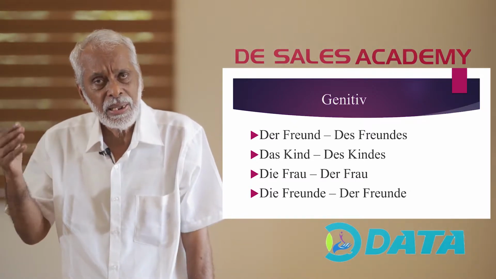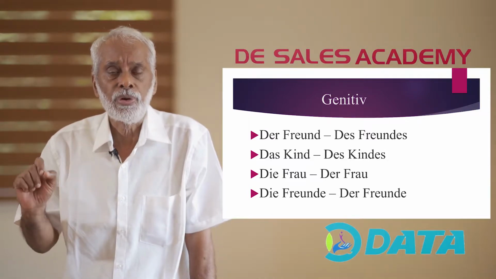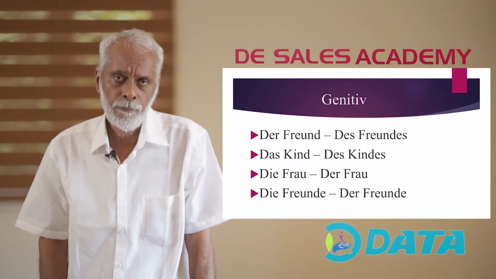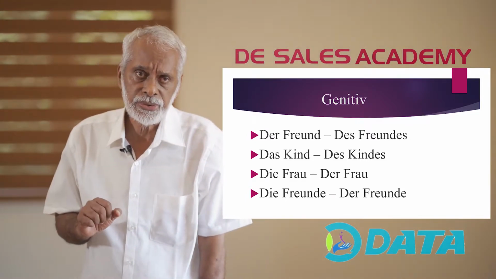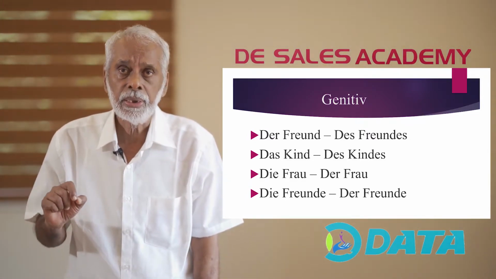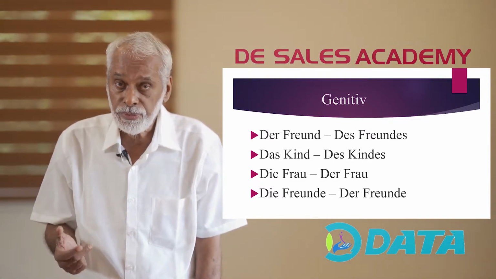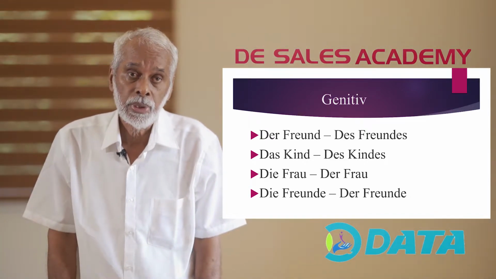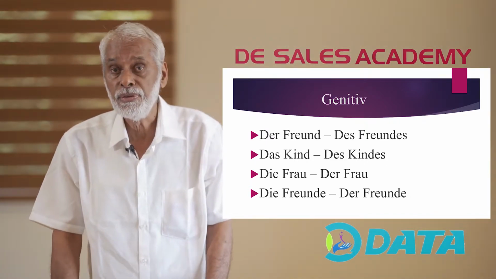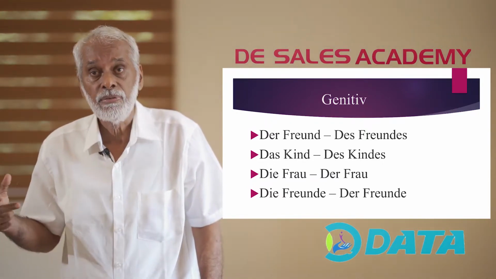The genitive of der Freund is des Freundes. The genitive of das Kind is des Kindes. The genitive of die Frau is der Frau. And the genitive of die Freunde is der Freunde.